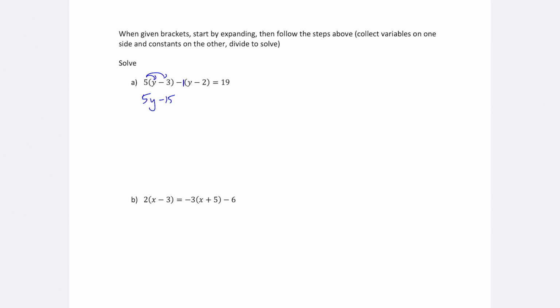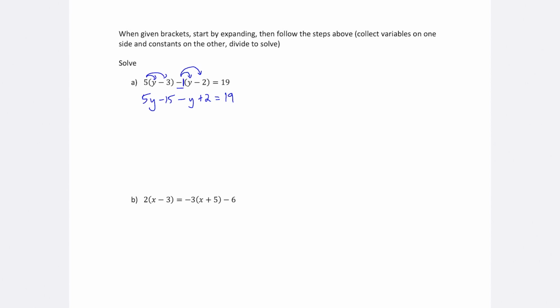And if you have nothing in front here, what we can say is this is negative 1. So we're going to take negative 1 and we're going to multiply it by y, and negative 1 times negative 2. So that's negative 1y, or just negative y. And then negative 1 times negative 2 is positive 2. We have 19.